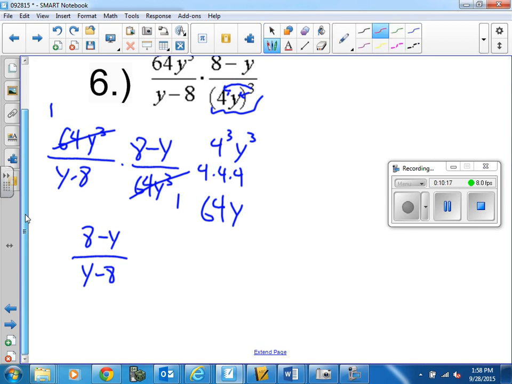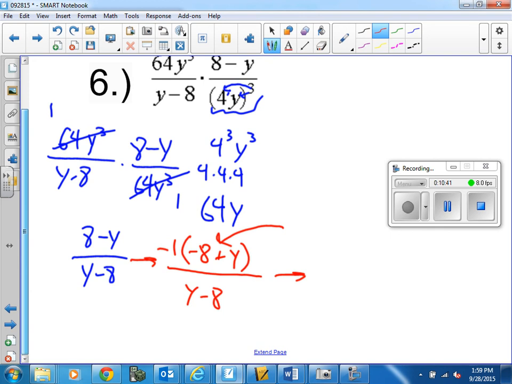If I take this top and I factor out a -1, what would be left? Well, the signs on the inside would change, so it would be -8 plus y, and that would be over y minus 8. Now that I've done that, we can actually rewrite this. -8 plus y is the same as y minus 8.